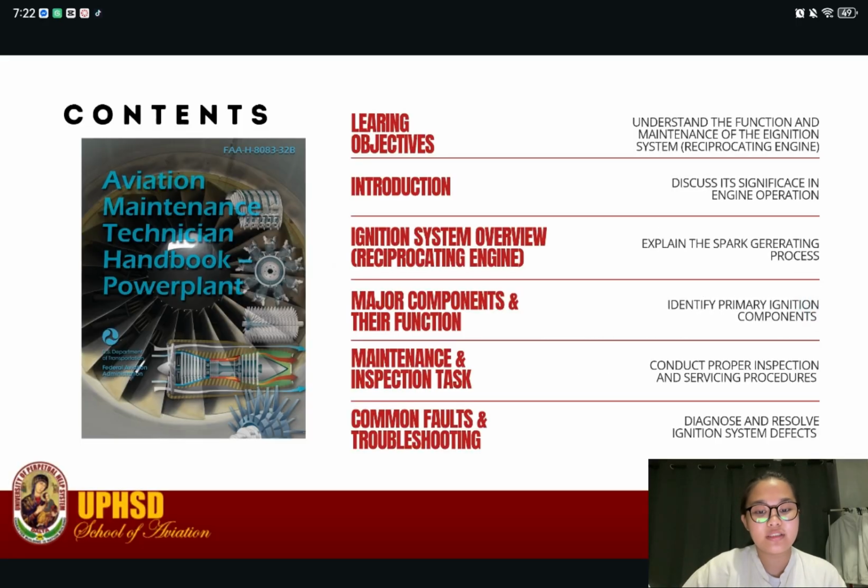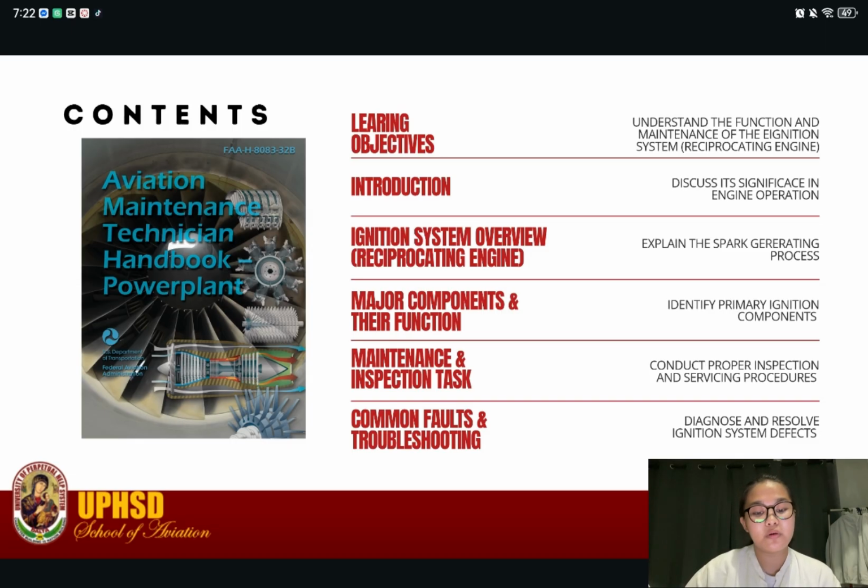So for the contents of the topic, we have our learning objectives, to understand the function and maintenance of the ignition system of the reciprocating engine. For the introduction, we will discuss its significance in engine operation. Then the ignition system overview of the reciprocating engine, to explain the spark generating process.